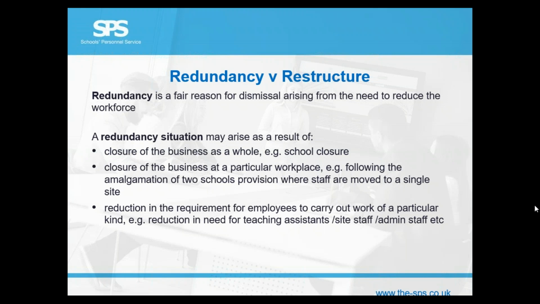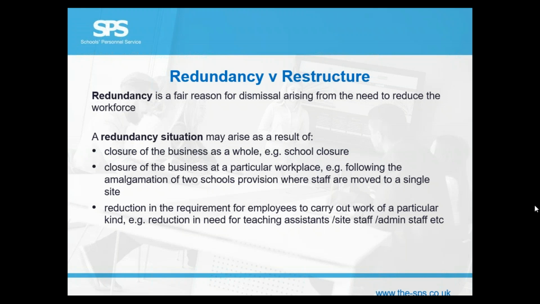Alternatively, a redundancy situation might arise where there's a closure of a business at a particular physical site. So if you work across a 2-school site, and then that operation is moved on to 1 school, that may involve the closure of a business at 1 site, and that would give rise to a redundancy situation.